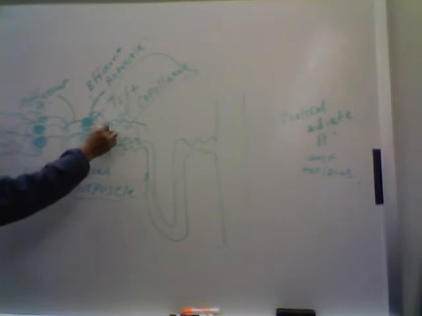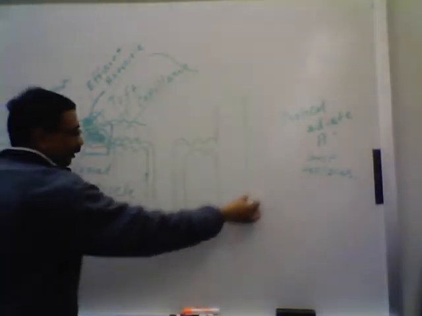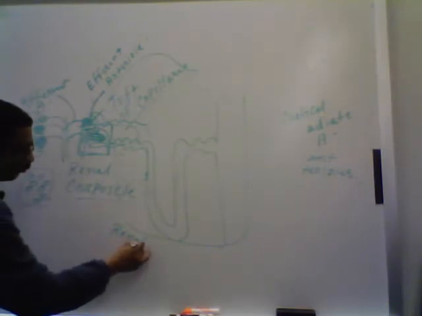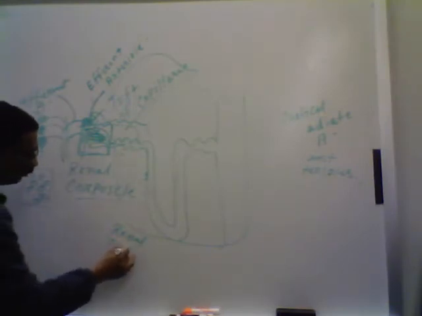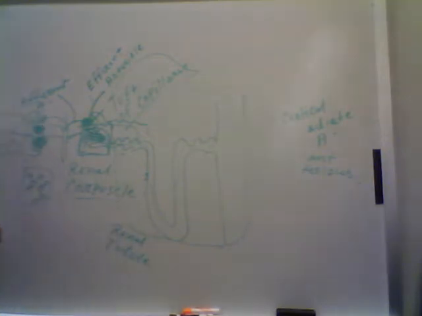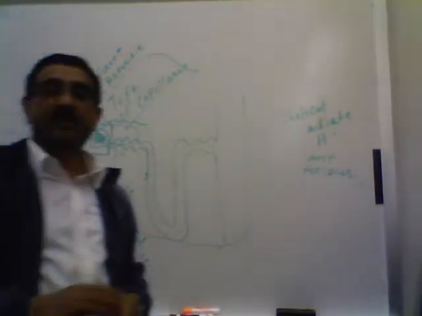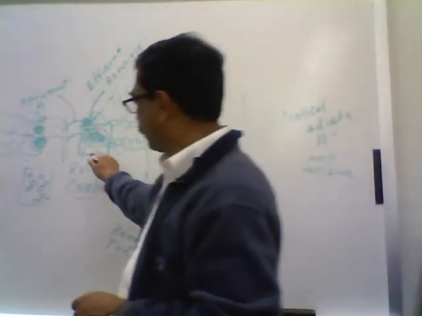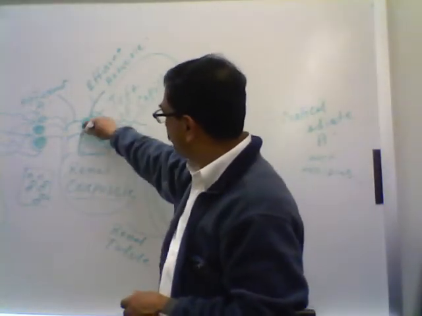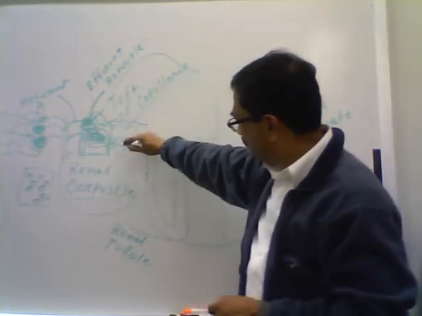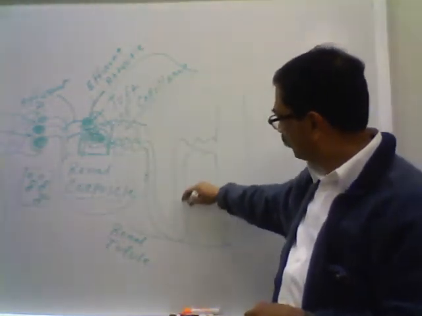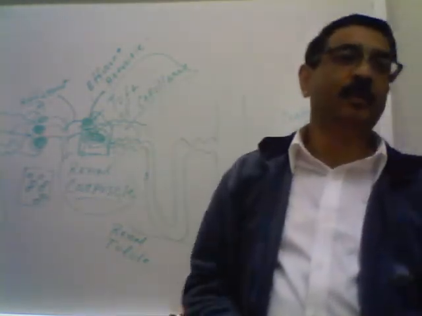Renal corpuscle. This part. And the rest of the nephron is called renal tubule, because it is like a tube, renal tubule. So a nephron has two parts. First part is called the renal corpuscle, this part, and the whole rest is called renal tubule, because it is like a tube.